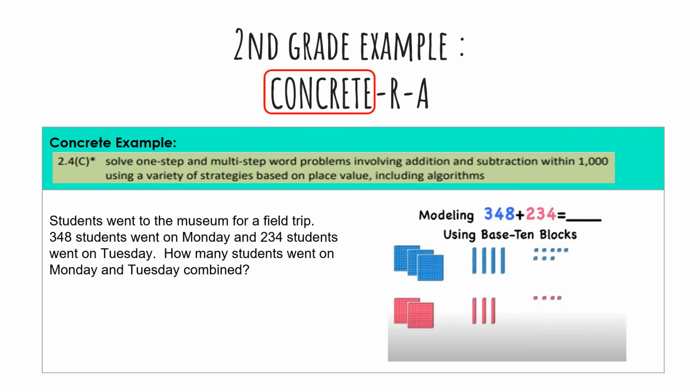Let's take a look at a concrete example of this. So let's start with our ones. Now that we have our ones organized in rows of 5, let's look at our tens.